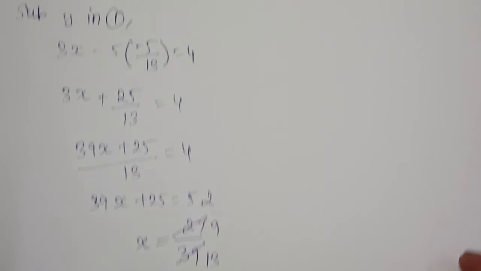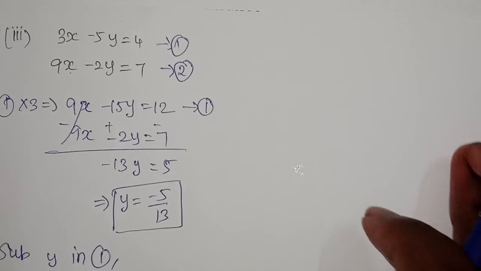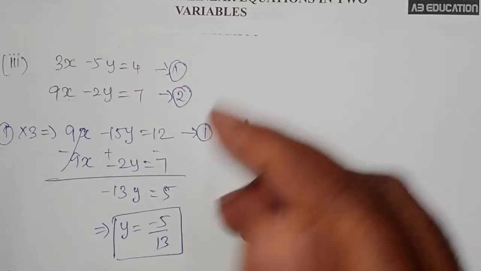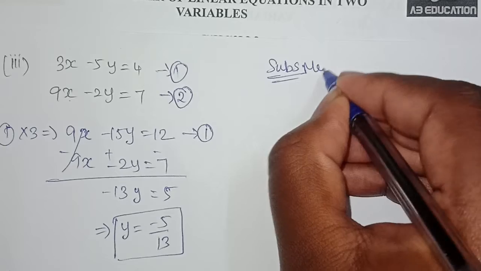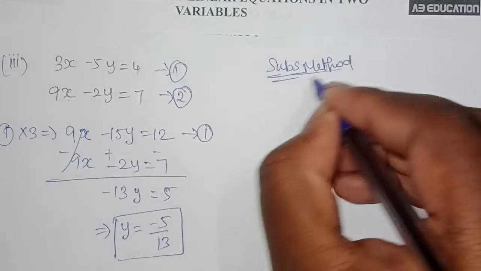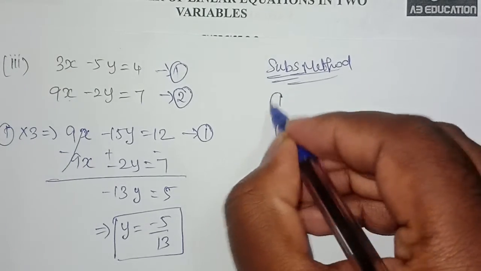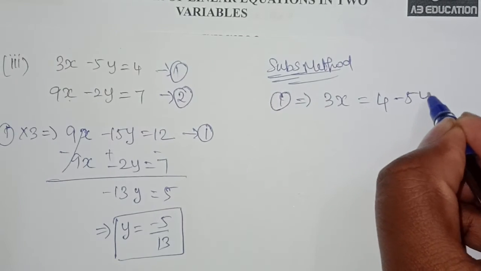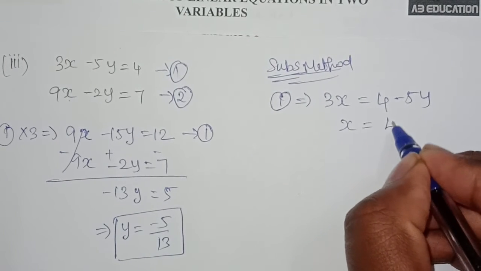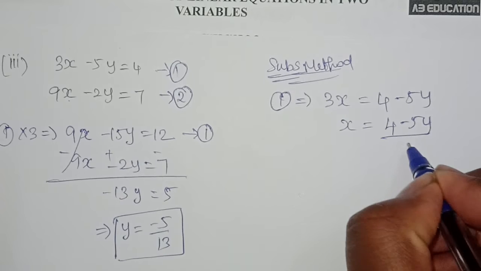Next, we are going to use the substitution method for the same problem. We use the first equation itself. 3x equal to 4 minus 5y, so x is equal to (4 minus 5y) by 3.